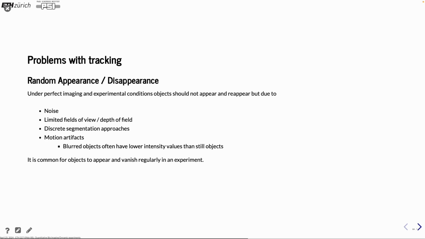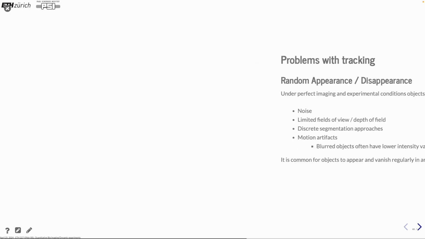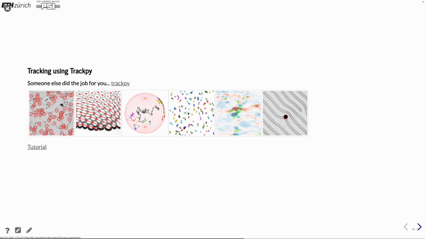We can also have problems with motion artifacts, and if you are working with cells, one cell may be dividing, which they should do, and then all of a sudden one object has become two, and the question is what to do with them. That is where you have to put more energy into your analysis. And I believe actually that TrackPy can also handle these cases. So if you have that kind of data, you should take a look at that.